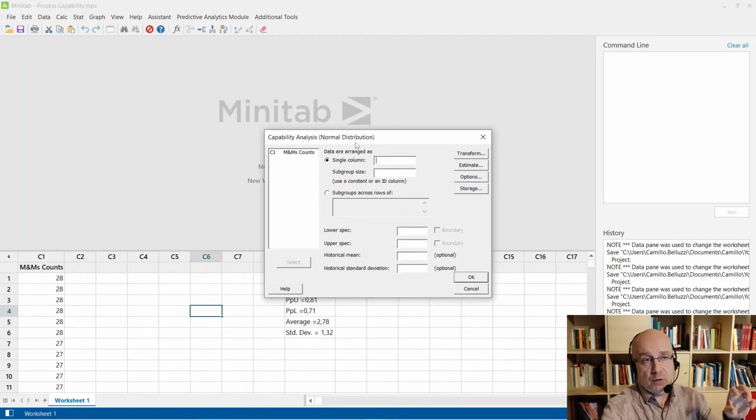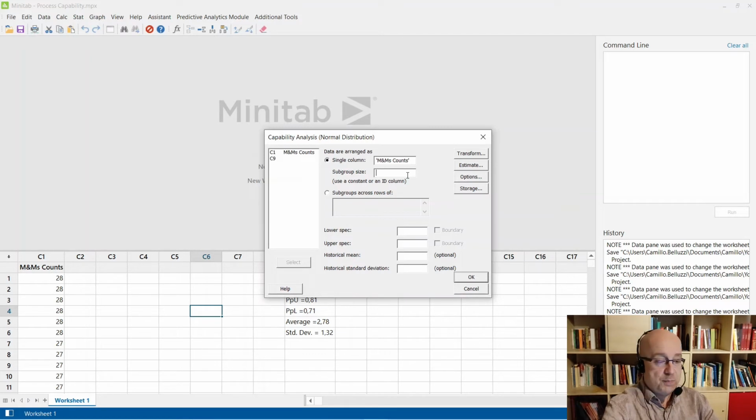We already performed the normality analysis and we obtained a p-value higher than 0.05, so we can perform the process capability analysis with the normal option. In the window that appears, in the single column field, we click on the only column that features the data, so C1.